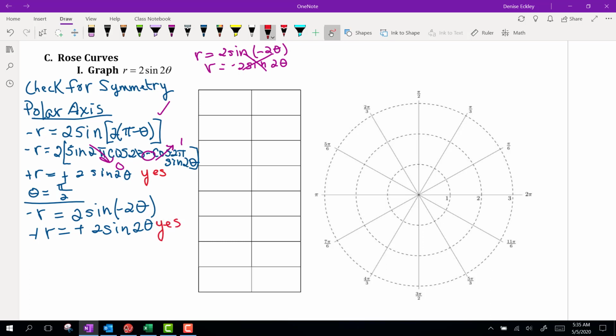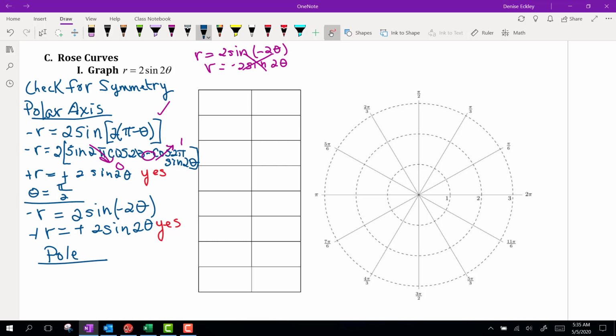And then finally, for my third test, I am going to put in pi plus theta, which is the test for the pole.